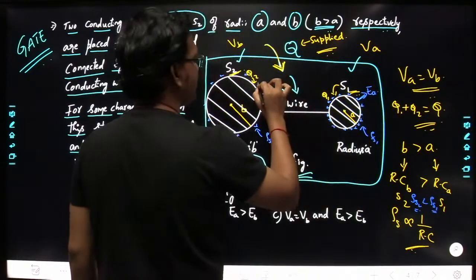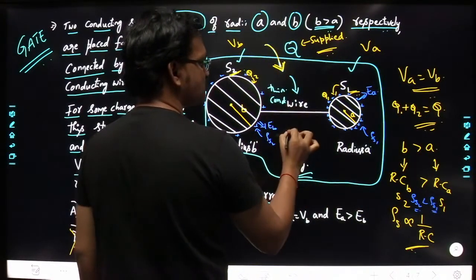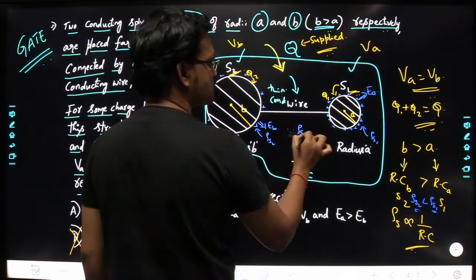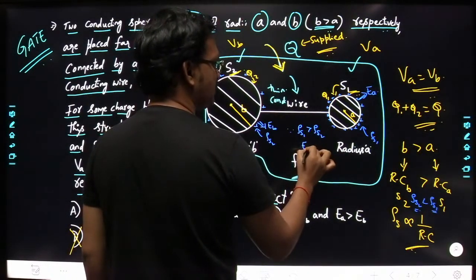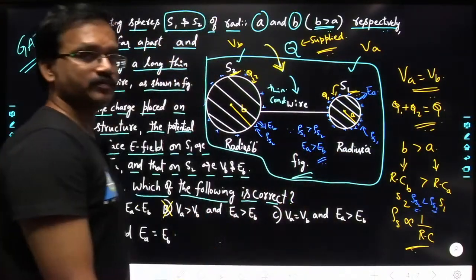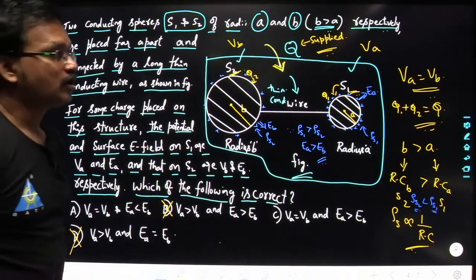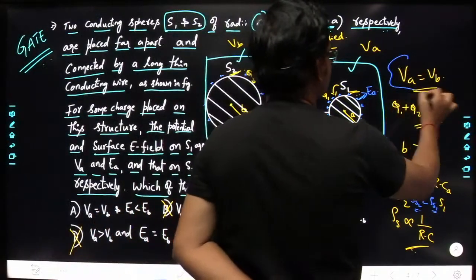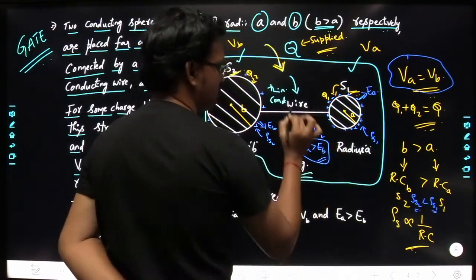Since rho S1 is greater than rho S2, we can guess that EA is going to be greater than EB. So VA equal to VB, this is obvious, and we can guess that EA is greater than EB.